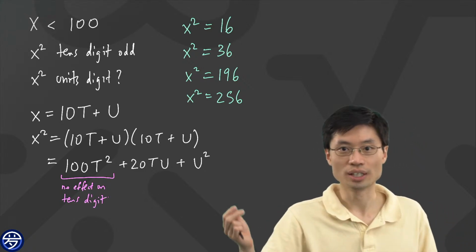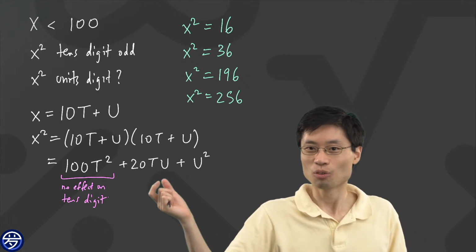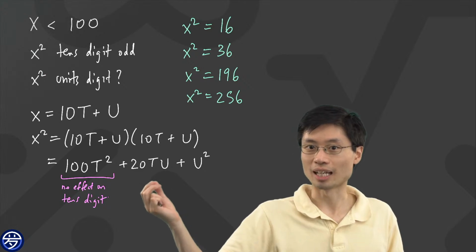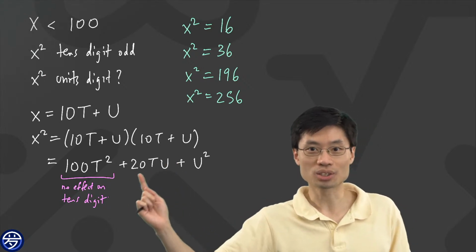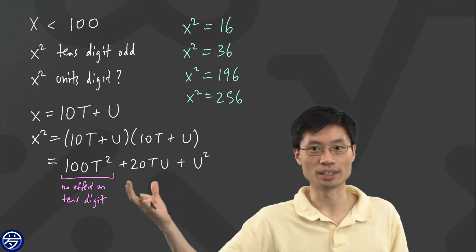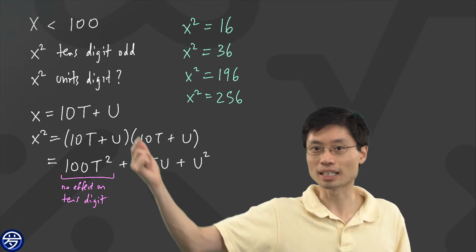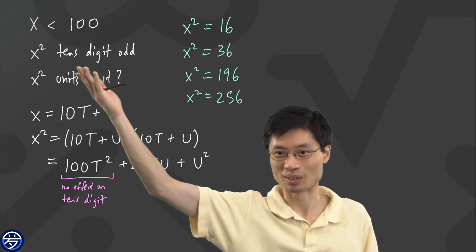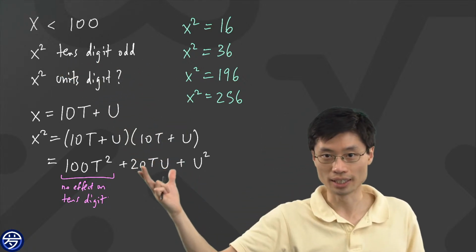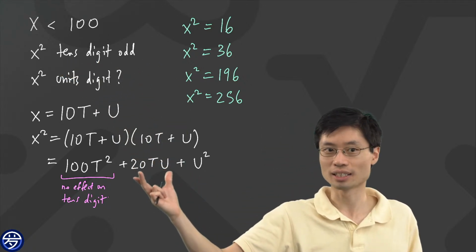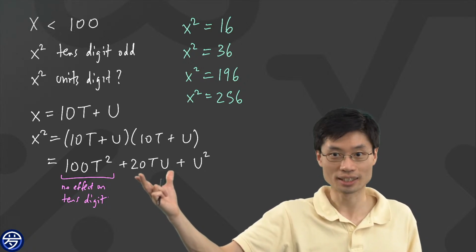Okay, that's true. But look at this one, 20tu. Okay, well, since there's a 0 here, that means that this contributes 2tu to the tens digit. But there's a 2 here. Since there's a 2 here, this contributes an even amount to the tens digit. And since the question by Mithun Goswami says that the tens digit is odd, this 20tu doesn't affect the evenness or the oddness of the tens digit.